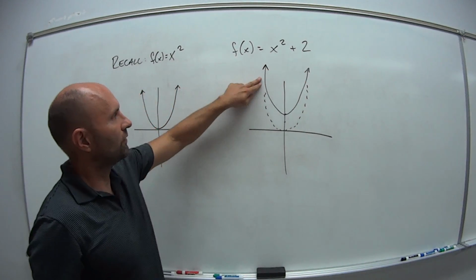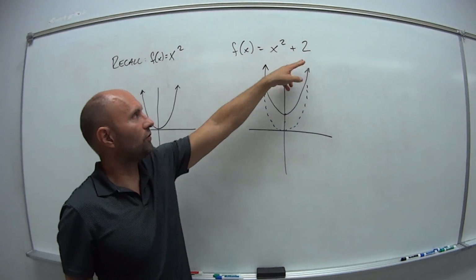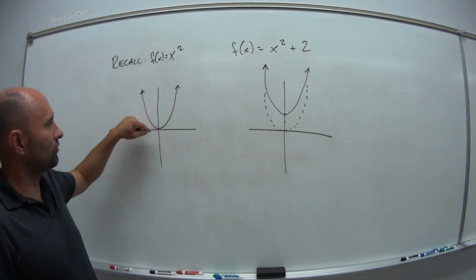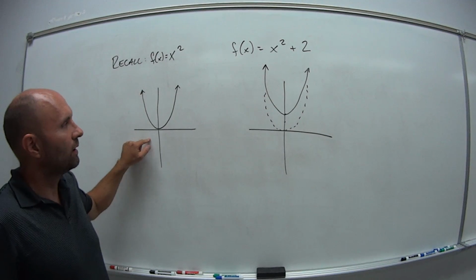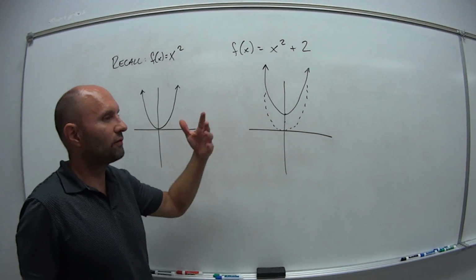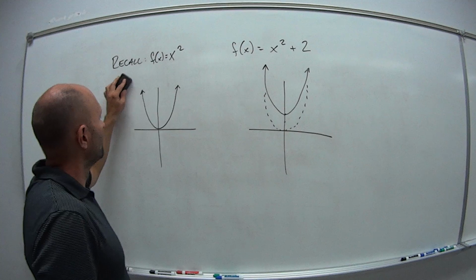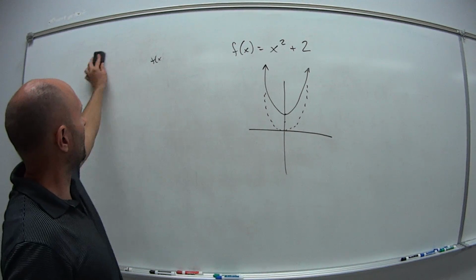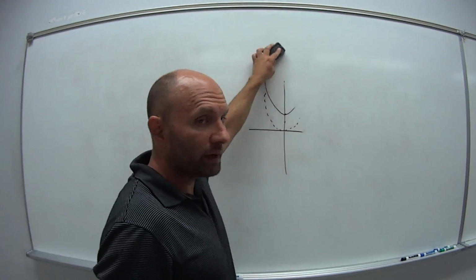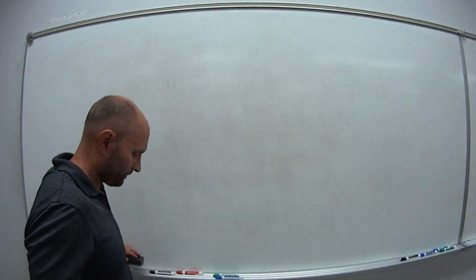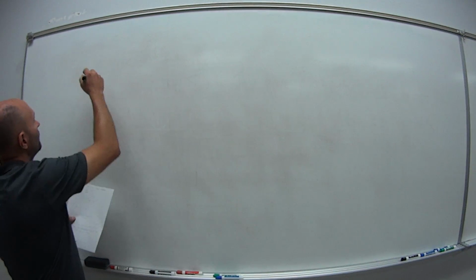So this solid line is x squared plus 2 versus just x squared, which is centered at the origin. So this vertical shift, horizontal shift, all applies the same with our trig functions as well when we're doing graphs of trig functions. So let's look at an example.